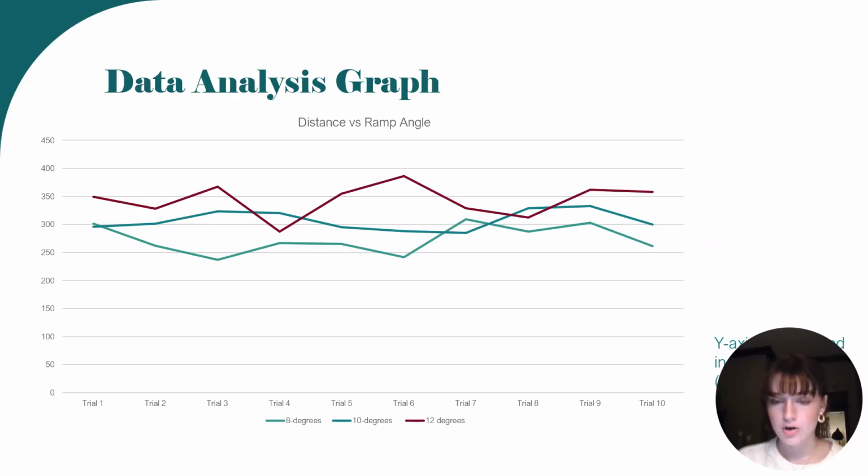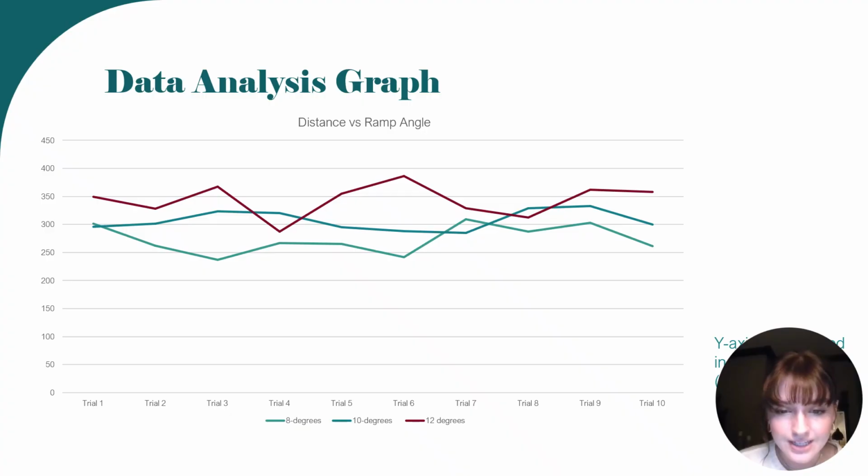Here is my graph. I think my little bubble is covering it, but the y-axis is measured in centimeters, by the way. So here we have our 3 groups being graphed with all of these data points. And yeah, this is kind of confusing to look at, I won't lie.